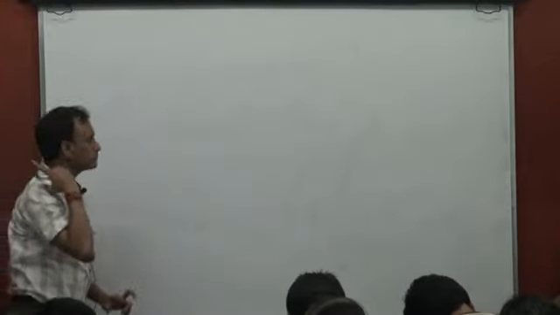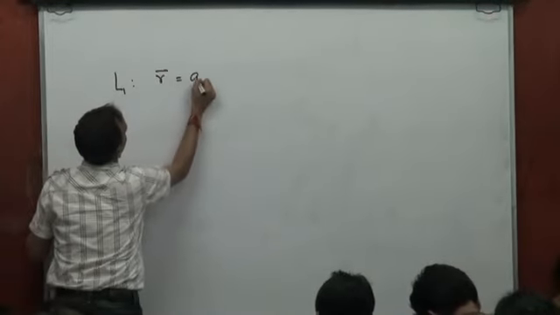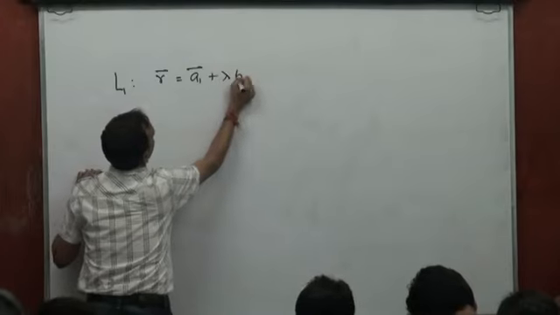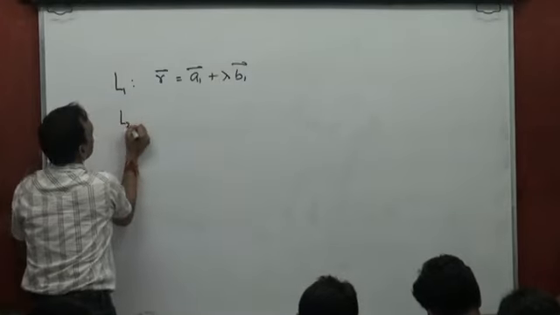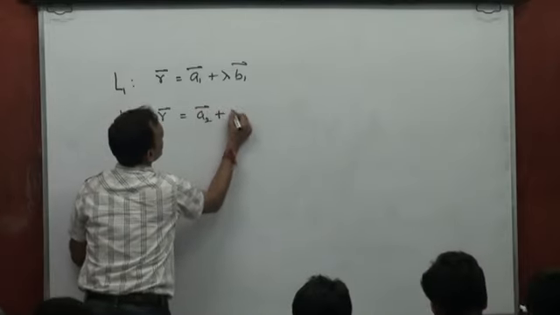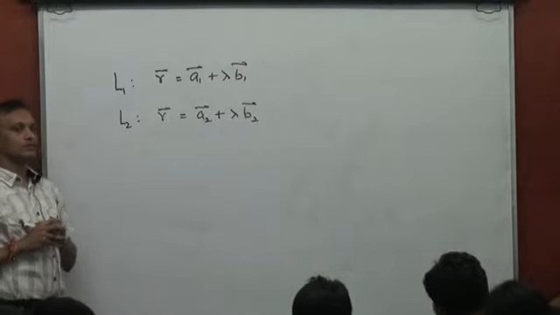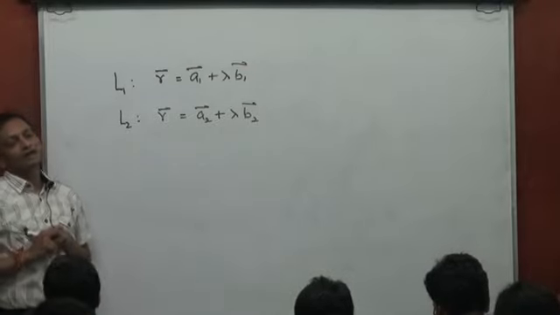So line L1 is r equal to a1 plus lambda b1, and L2 is r equal to a2 plus mu b2.